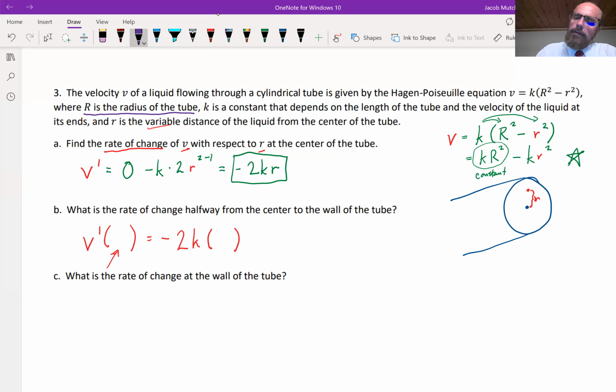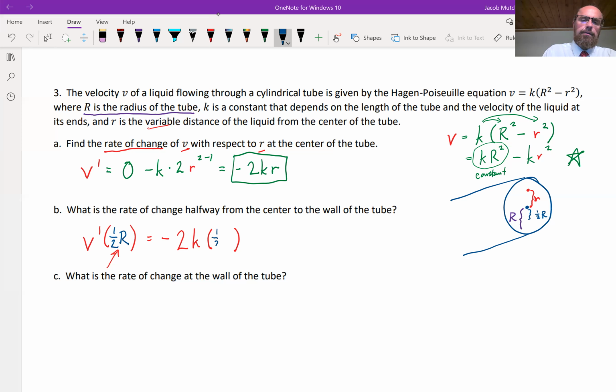So if I've got this whole radius is big R, half of that would be half times big R. And that's what I want to substitute into my derivative. Half times big R. Remember, big R is a fixed number.